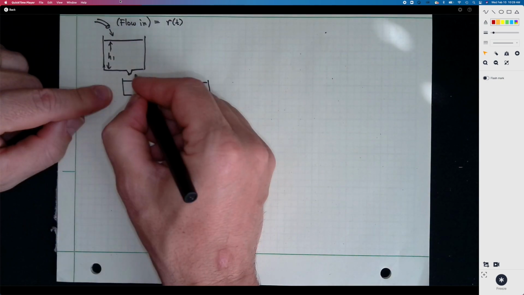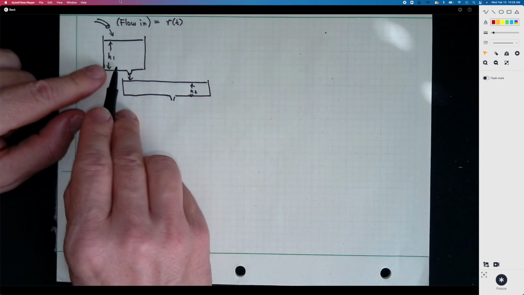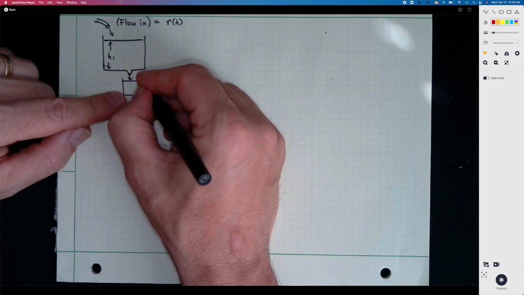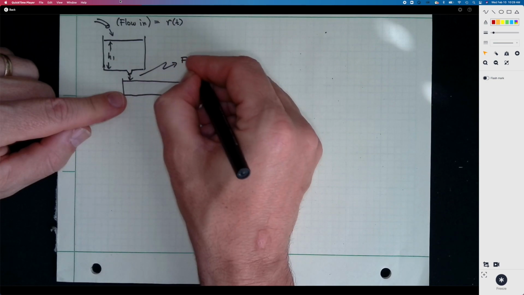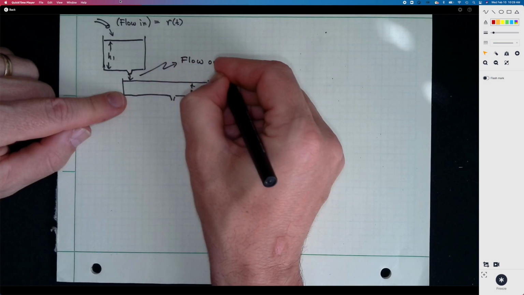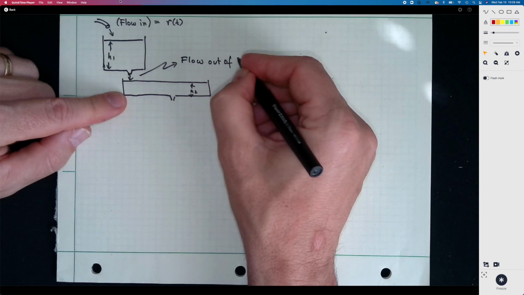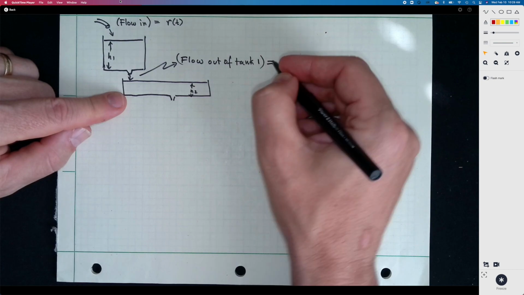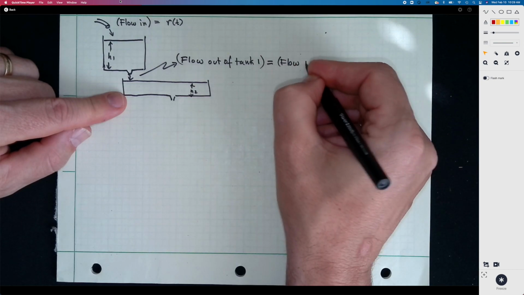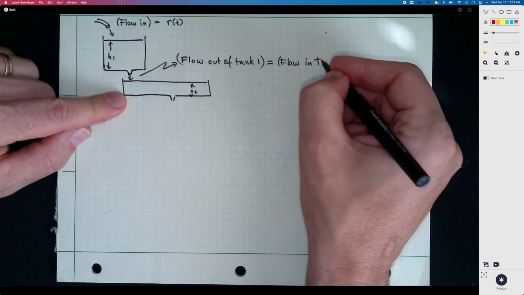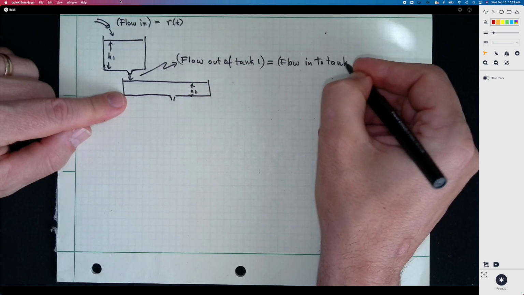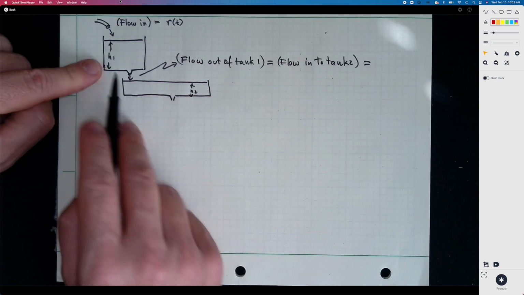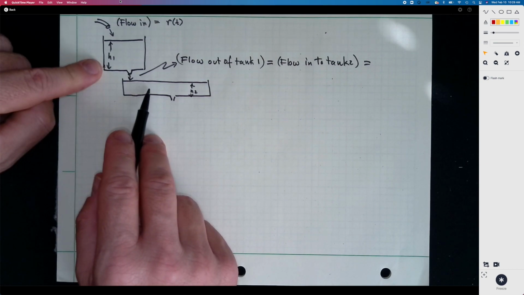And then the flow out of the first tank, which is also the flow into the second tank, is going to depend on the water level in tank 1 and not on the water level in tank 2.